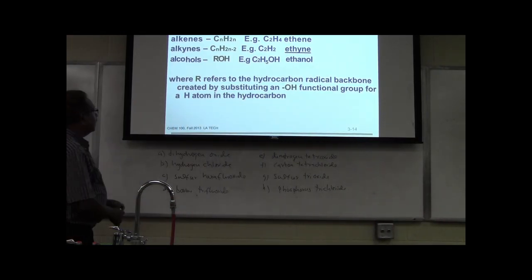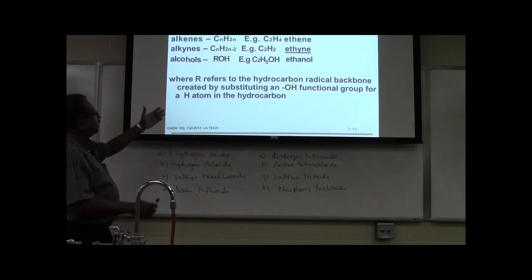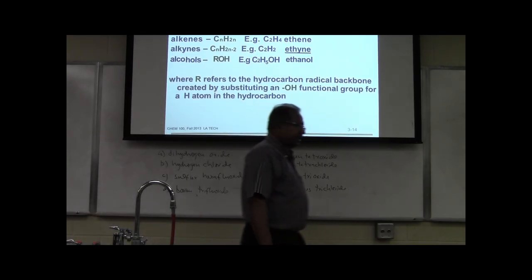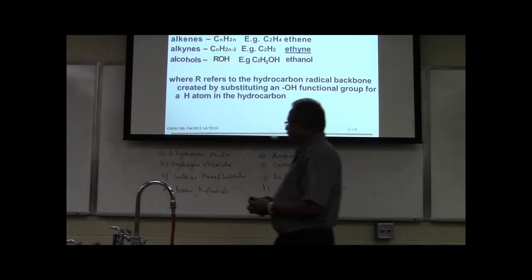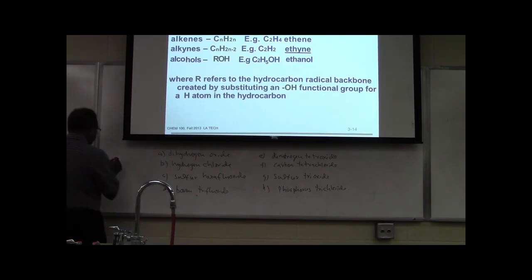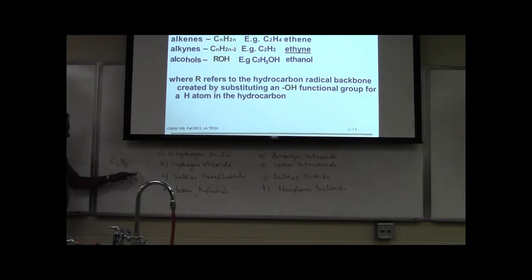Okay. The R group is a generic R. The letter R is used as a generic for any organic group. For example, C2H6, take out a hydrogen. That means C2H5. Then it can bond to many other compounds. It can bond to an OH group.